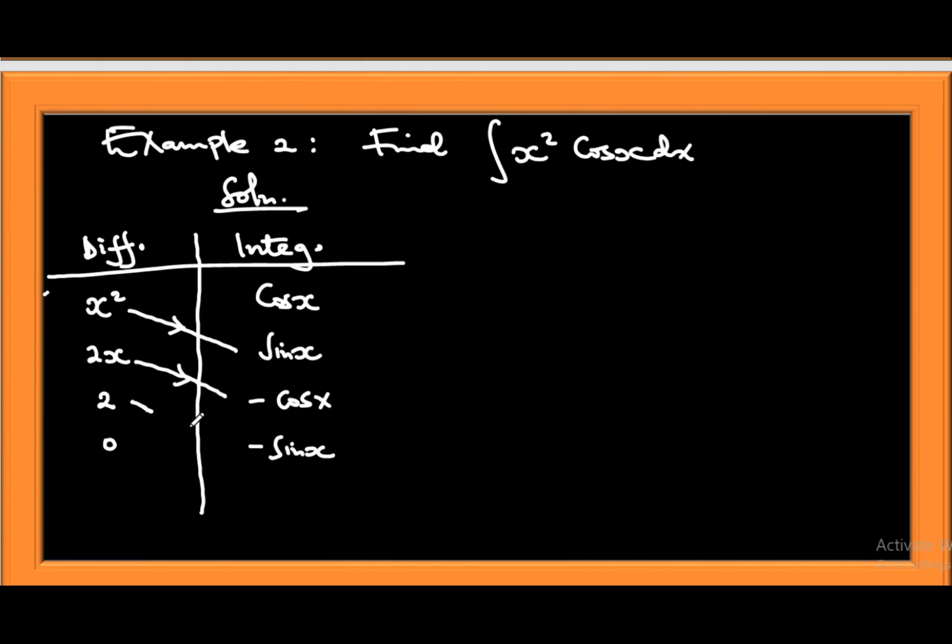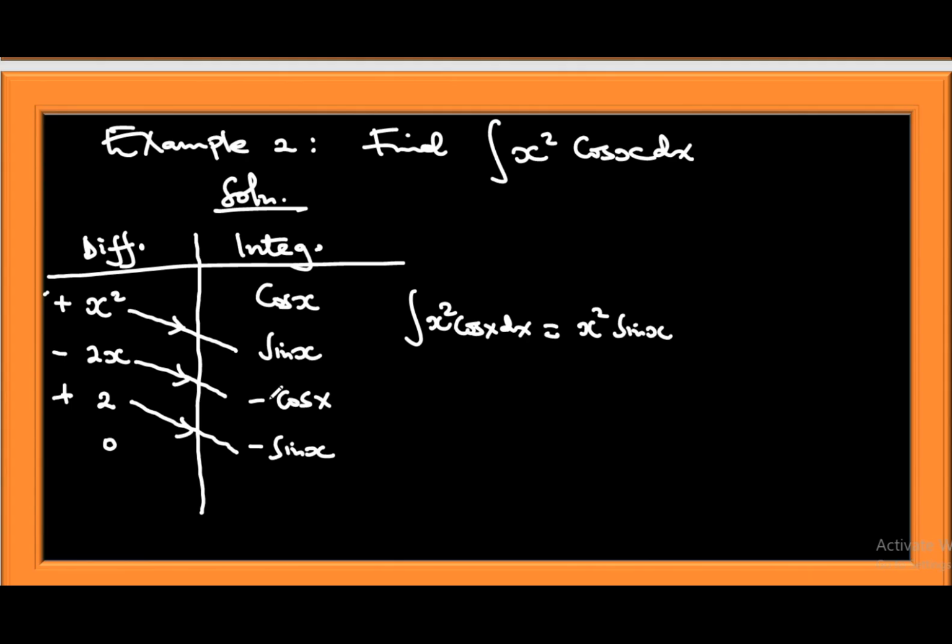That means our answer is the integral of x squared cos of x dx is equal to, remember the pattern, plus, negative, and so on. So it's x squared multiplied by sine x.